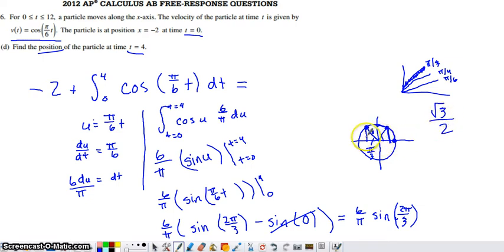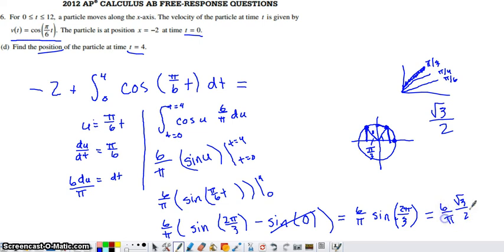If we reflect this triangle back over into the second quadrant, the y value stays the same. The y value is still the same distance above the x-axis as the one that's over here in the first quadrant. So the sine of 2 pi by 3 is going to be square root of 3 over 2.